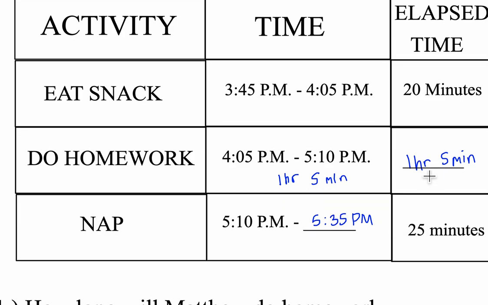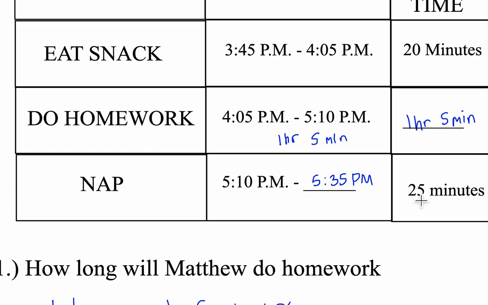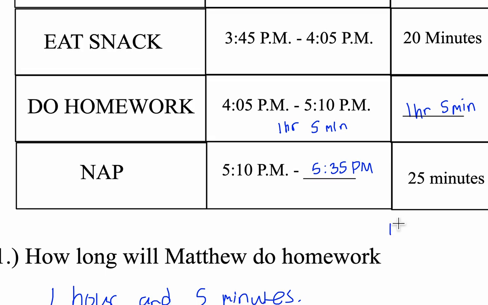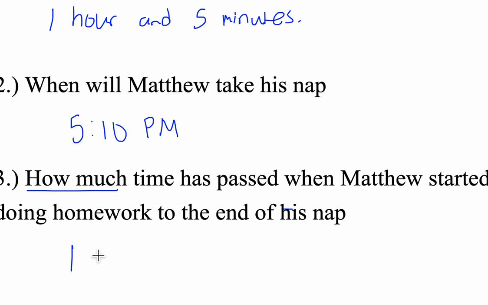So that means we have to add these two up. So 1 hour 5 minutes plus 25 minutes, we just add the minutes up. So that is 1 hour and 30 minutes. So 1 hour and 30 minutes has passed.